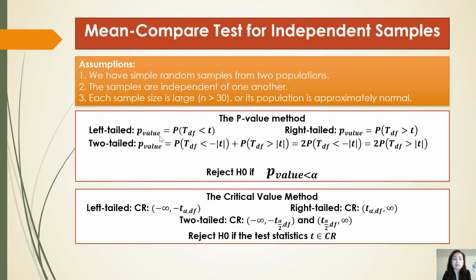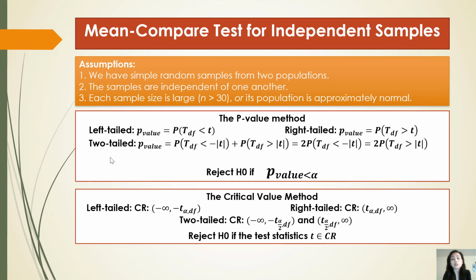If the test is left tail, the way you compute the p-value is the area under the curve of the student t-distribution with degrees of freedom computed to the left of the test statistic. And the right tail, the p-value is the area to the right of the test statistic. And the two tail, you will have to double the test statistic, one negative and one positive.